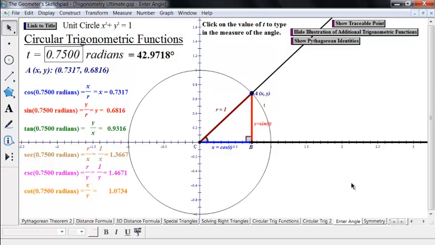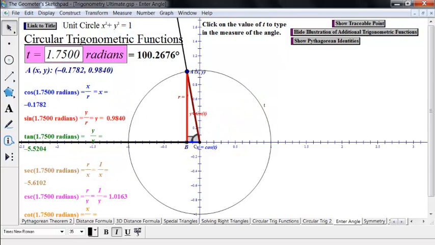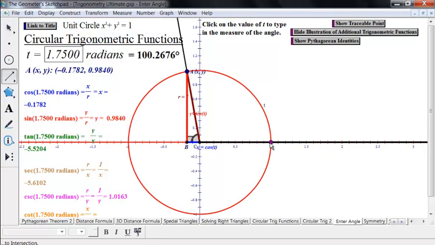If we put it in a different quadrant, let's see, 1.75, let's try that. Where does that put us? That puts us in this quadrant here. The initial ray is always right there.